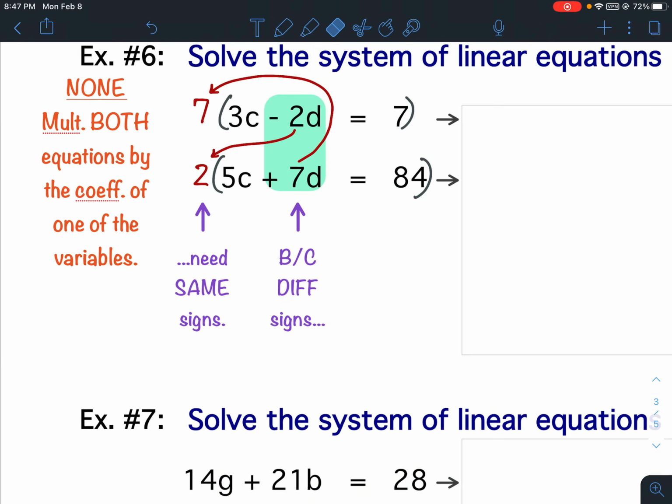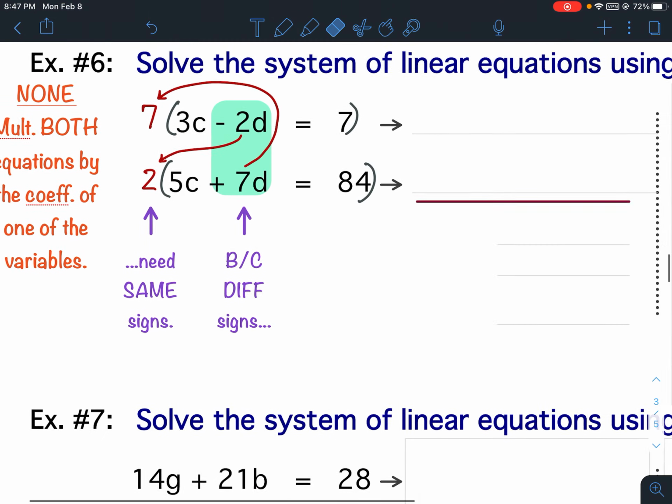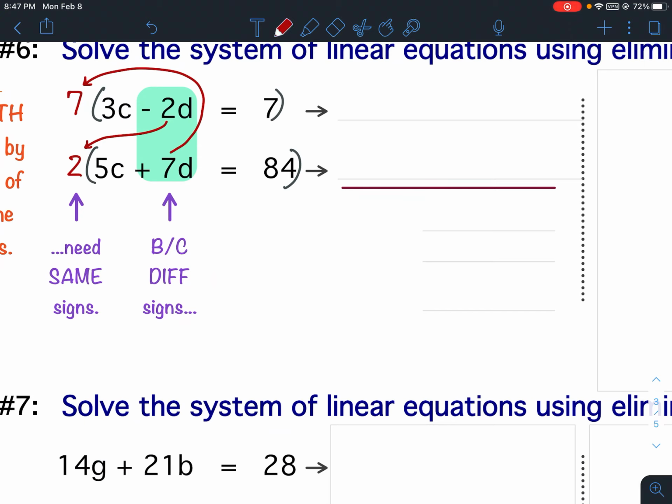All right, so let's multiply our equations. On the top, 7 times 3 would be 21c. 7 times negative 2d, negative 14d. 7 times 7 is 49.